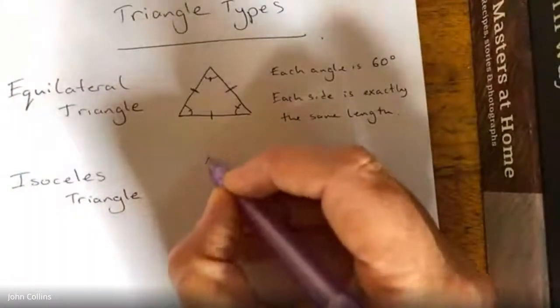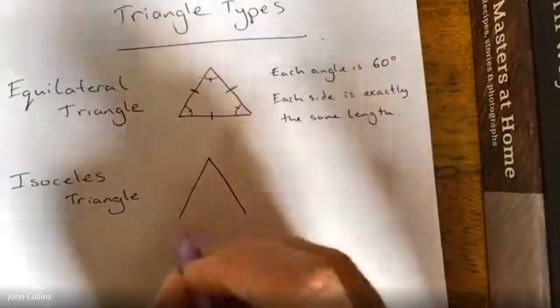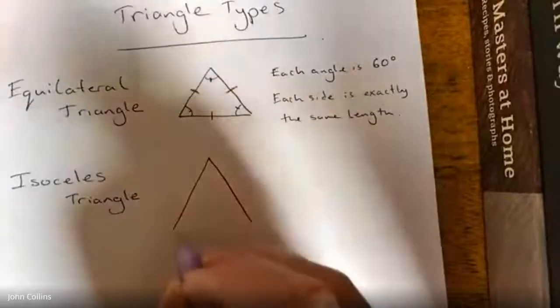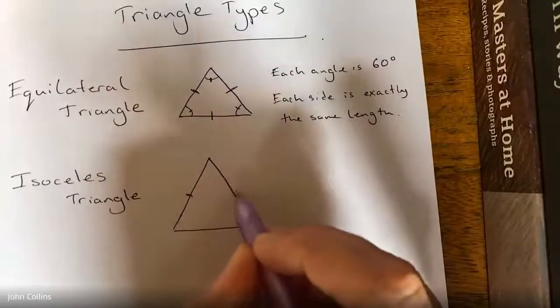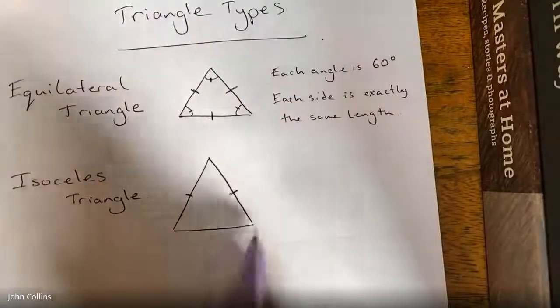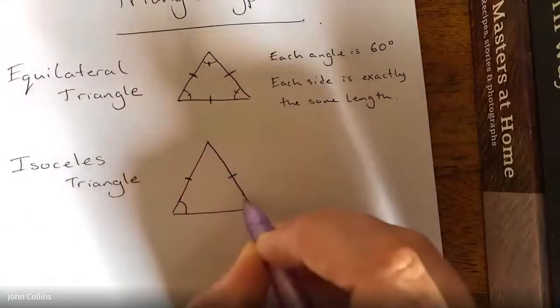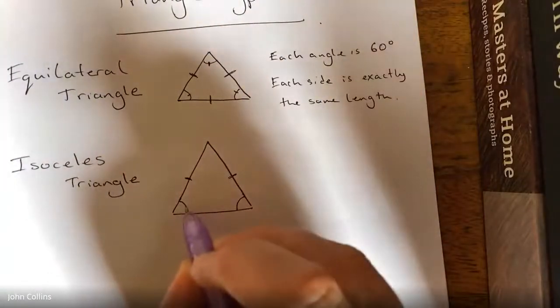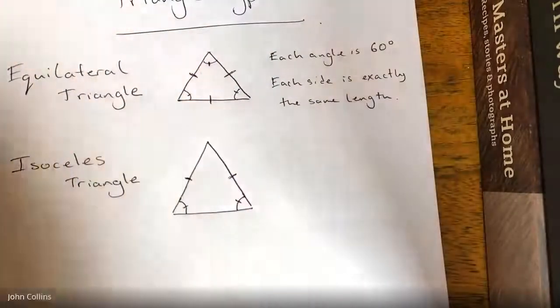So if we have 2 lengths that are the same, let's make this a little bit longer, and this is shorter. So these 2 lines are the same length, so we can mark those the same length, but this one's different. The 2 angles underneath, so the 2 angles here, are the same. This and this. This one at the top is not the same. It's narrower.